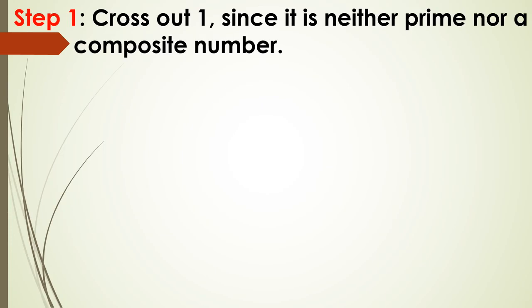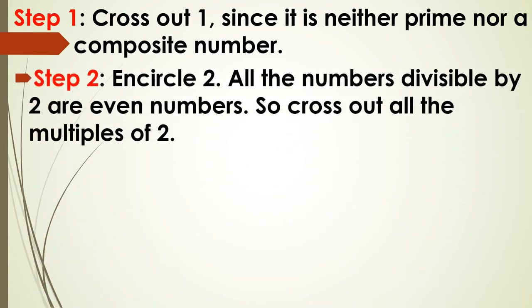Step 1 is cross out 1 since it is neither a prime nor a composite number. That we have done. Now see step 2. Encircle 2. Second natural number is 2. Encircle 2. 2 is a prime number that you all know. All the numbers which are divisible by 2 are even numbers. So cross out all the multiples of 2.